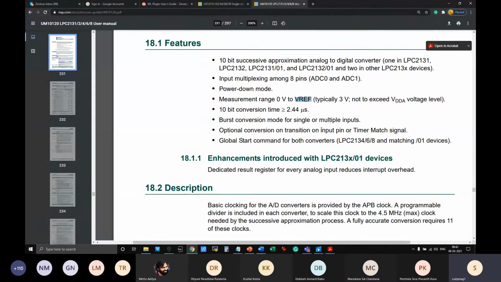That means the range of input voltage that it can reliably convert into digital value, and that input dynamic range is configured by setting this VREF. So in this case, the minimum is set to 0 and the maximum is set to VREF. Now VREF could be either 1 volt or 2 volt or even 3 volt, or 3.3 is the maximum actually in this particular ADC if you look at the specs, and it should never exceed the voltage VDD analog.